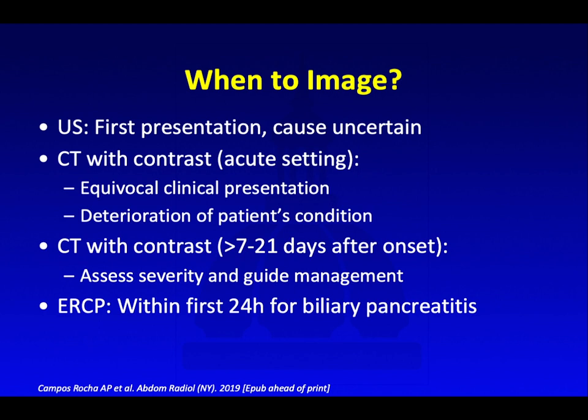So if patients have persistent symptoms 7 or 21 days after onset, CT is recommended to assess disease severity and to guide clinical management. And if patients have clinical suspicion for biliary pancreatitis, ERCP is recommended within the first 24 hours so that it can be used both for diagnosis and to also relieve the biliary obstruction.